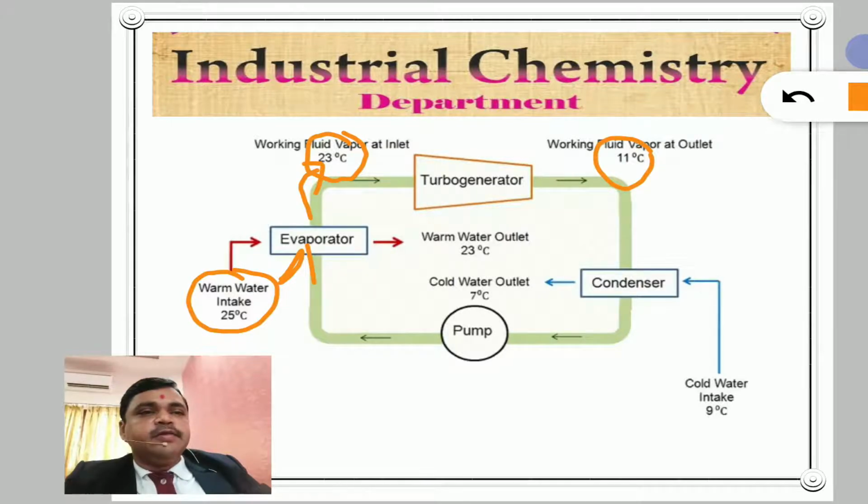So we convert it into liquid form in the condenser, and in the condenser we use cold water from the depth, at 9 degrees Celsius, which converts the 11 degree vapor into 7 degree liquid form.